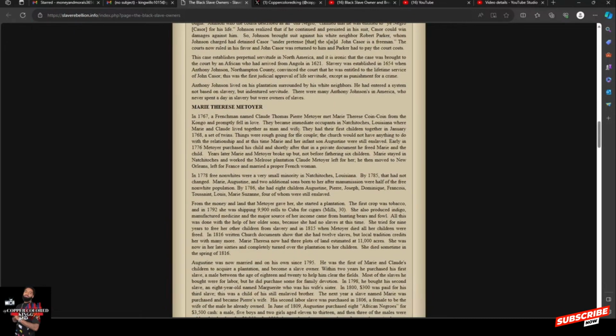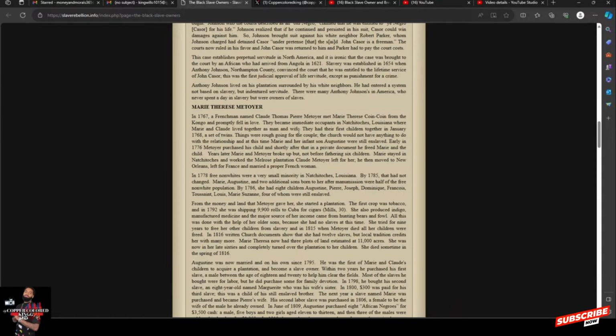Marie Therese Metoyer. In 1767, a Frenchman named Claude Thomas Pierre Metoyer met Marie Therese Coin from the Congo and promptly fell in love. They became immediate occupants in Natchitoches, Louisiana, where Marie and Claude lived together as man and wife.